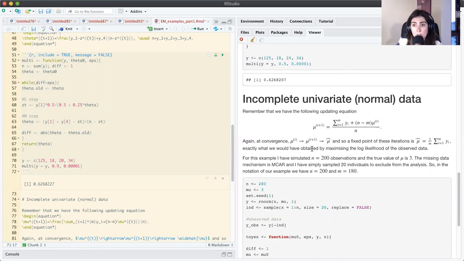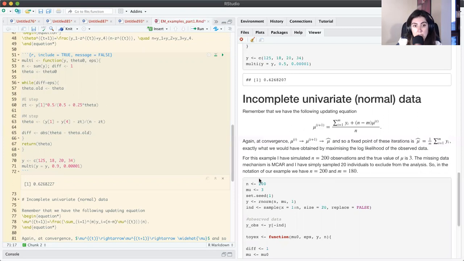We assume that the first m observations are observed, and the last n minus m are missing. And we have seen last week that, assuming ignorability, we can just work with the likelihood of the observed data, so just the first m observations.